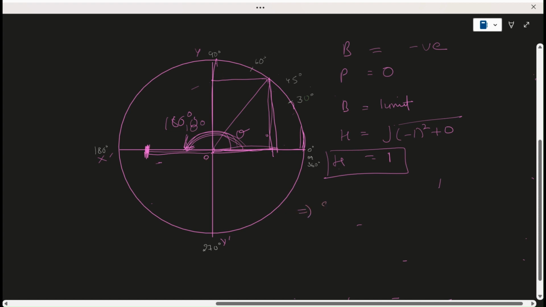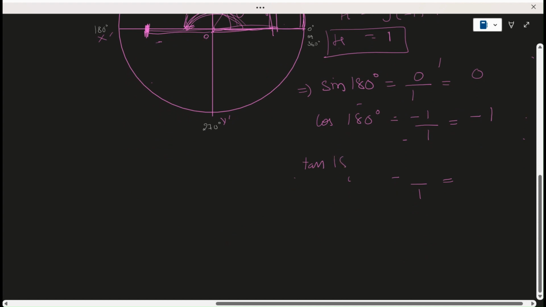Therefore, sine 180 degree is equal to 0 upon hypotenuse, that is 0 upon 1, which is 0. Cos 180 will be base, minus 1 upon 1, that will be minus 1.